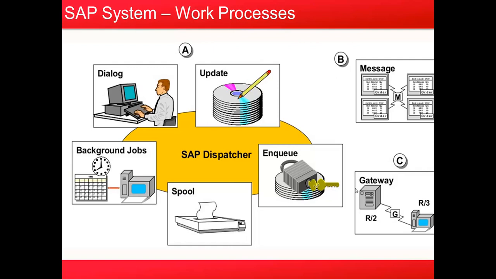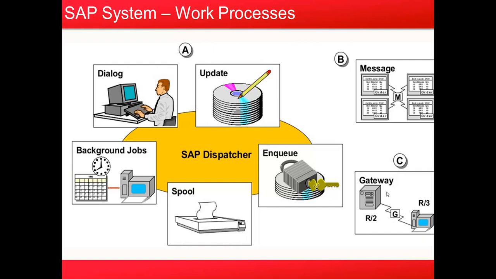Now let's look at the gateway server. This is your gateway server. It allows communication between R3 systems, R2 systems, external applications, and interfaces, and it exchanges large amounts of information between application servers. Gateways can reside on any of the connected systems.